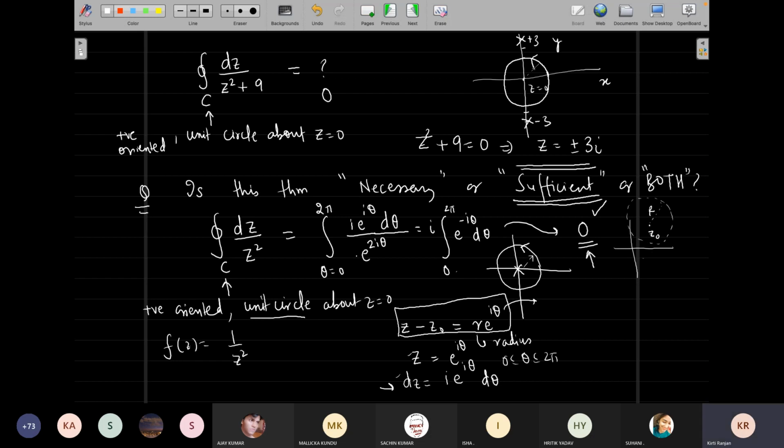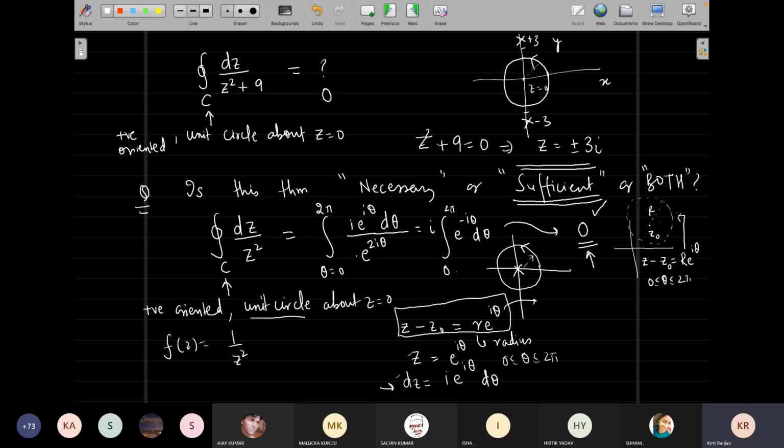In polar coordinates, this can be easily written that z consists of all points about the center such that z minus z naught equals r e^(i theta). Now you take the mod of this, then the result should be r, and theta is going from 0 to 2 pi.